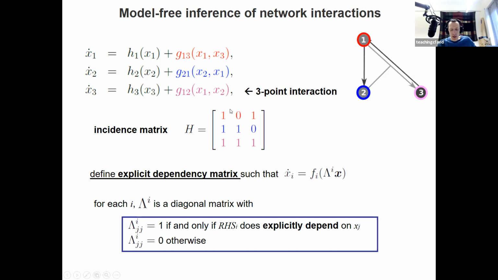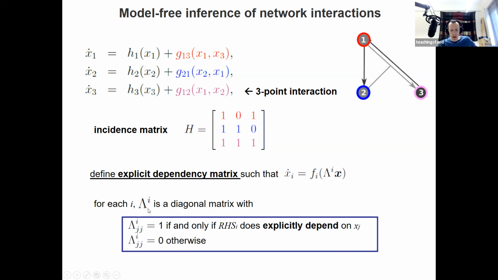Now we define something which we can use intrinsically within the differential equation, and we call that an explicit dependency matrix. This has actually been invented by José Casadiego, who's now working in Spain. And we write the entire right-hand side, xi dot, as some unknown function fi of a matrix lambda, which is a diagonal matrix, multiplied by state vector x of the entire system.